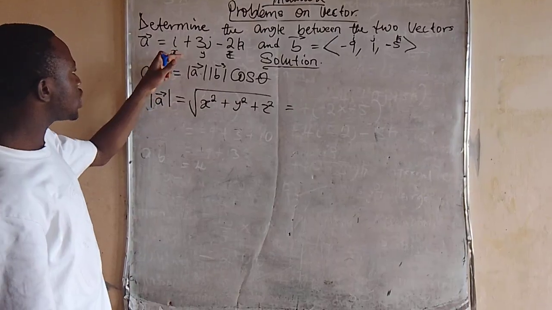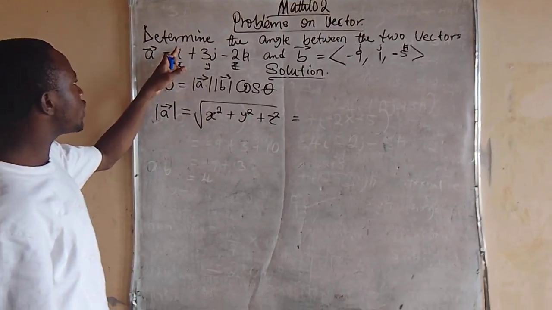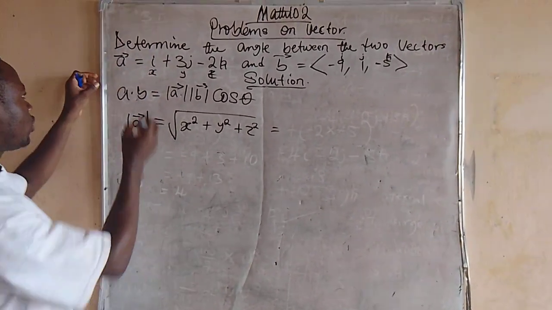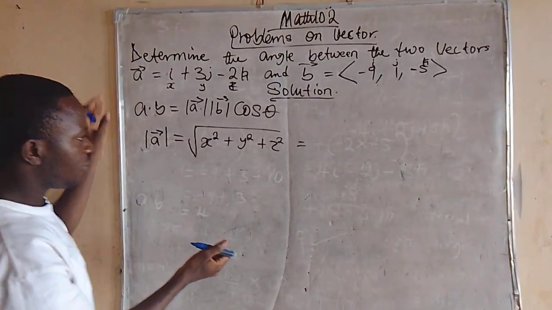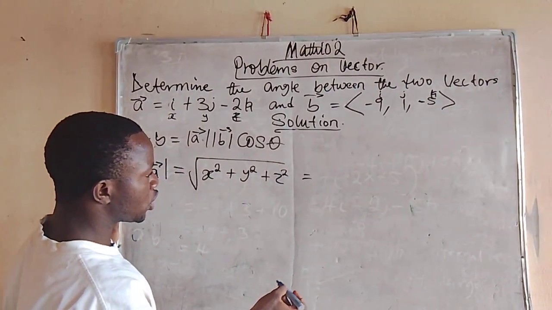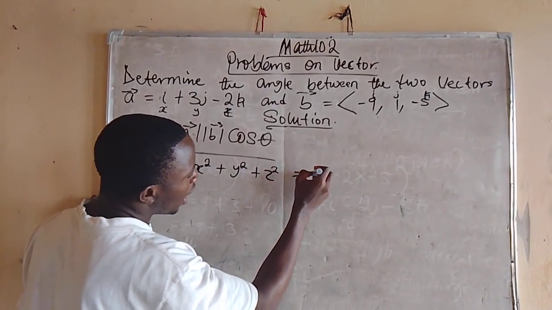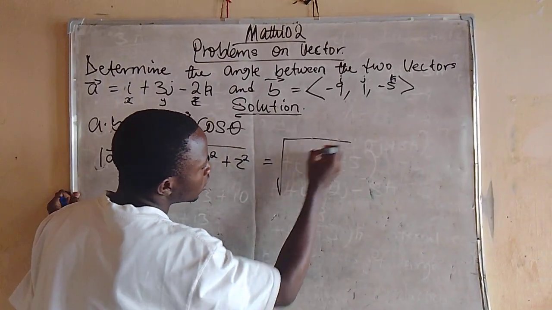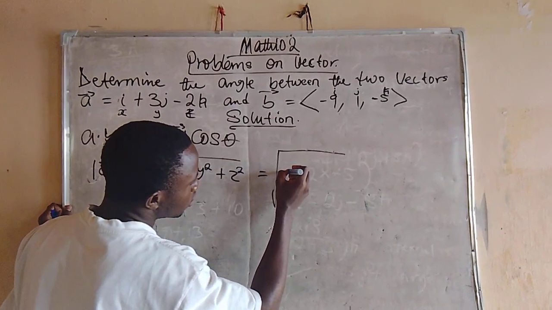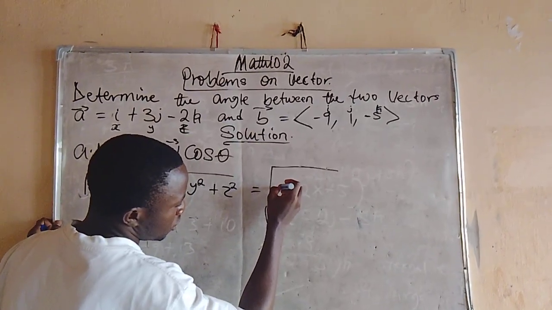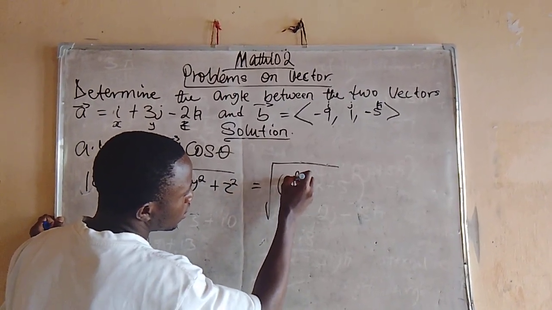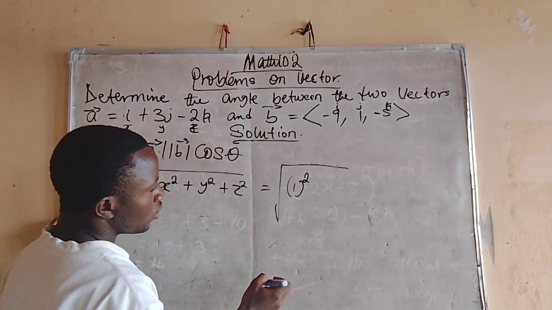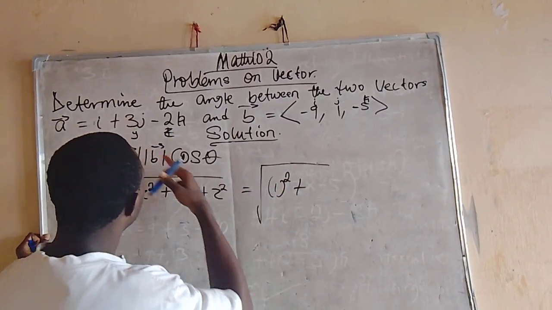So anywhere we see x, we are going to represent it by the coefficient of this unit vector i, and the value here is 1. Okay, when the variable is standing alone, the coefficient is 1. So we have the square root of 1 squared plus what is y?